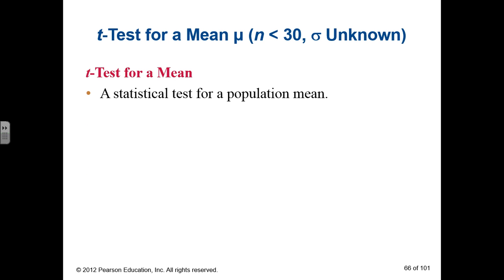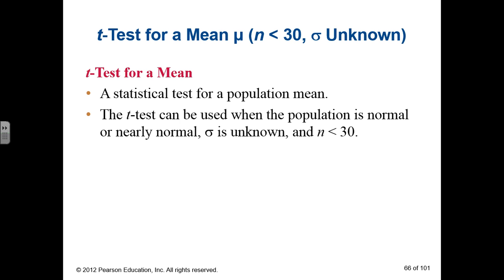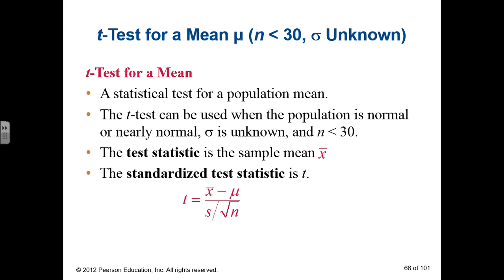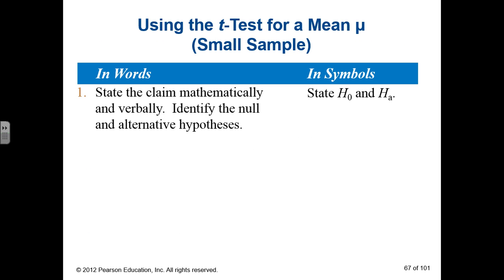To do a t-test for the mean, when n is less than 30 and the population standard deviation is unknown, we will be doing what's known as the t-test. And we find the standardized test statistic exactly the same way we found the standardized test statistic for z. It's the sample mean minus the claimed value divided by the standard deviation, and that's divided by the square root of the sample size. The degrees of freedom then is n-1.